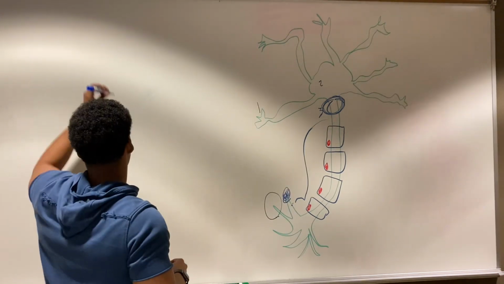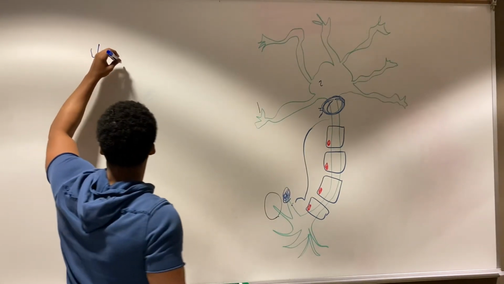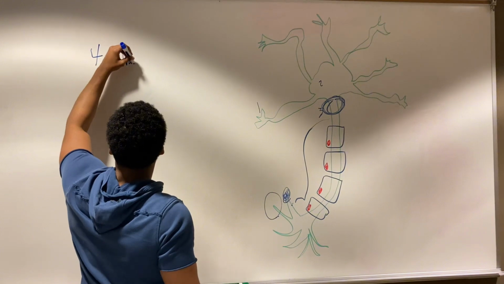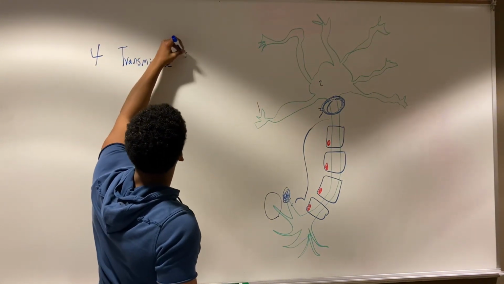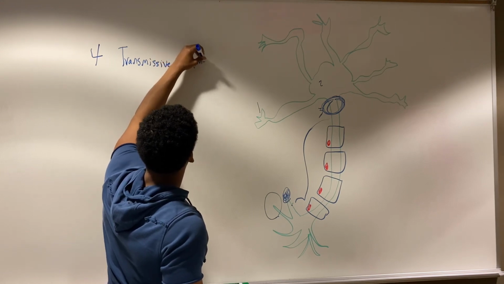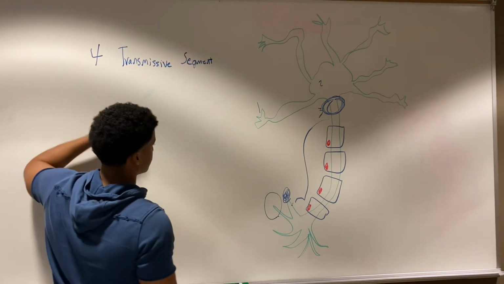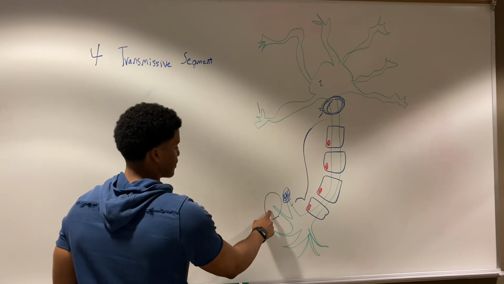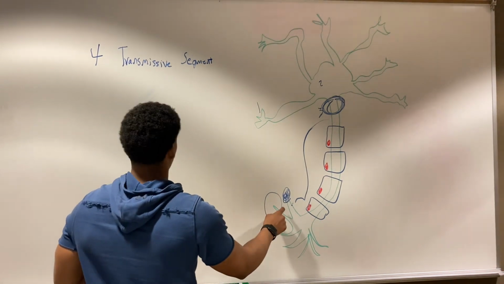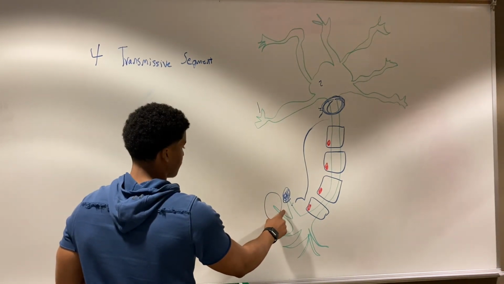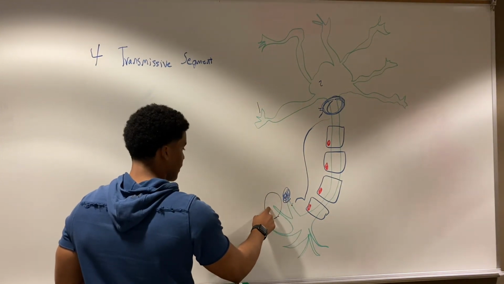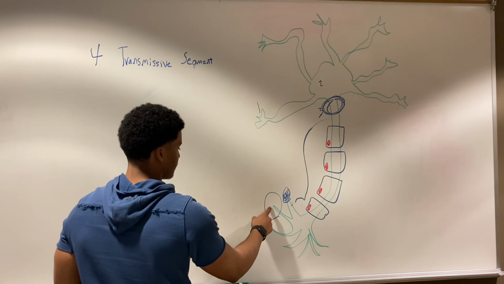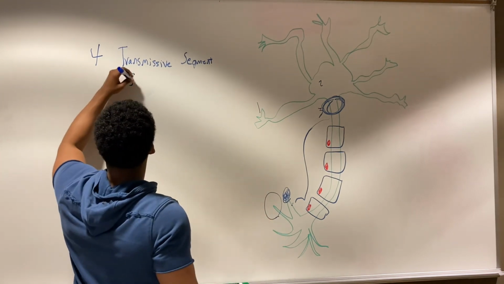So lastly, we've got the transmissive segment. This contains the synaptic knobs. Like how the previous conductive segment contains the axon terminal but not the synaptic knobs, this contains the synaptic knobs. So let's write that down.